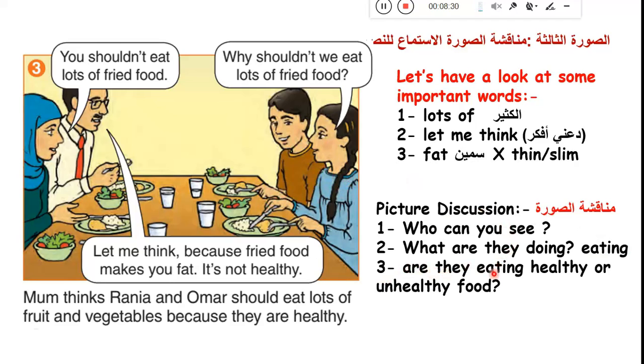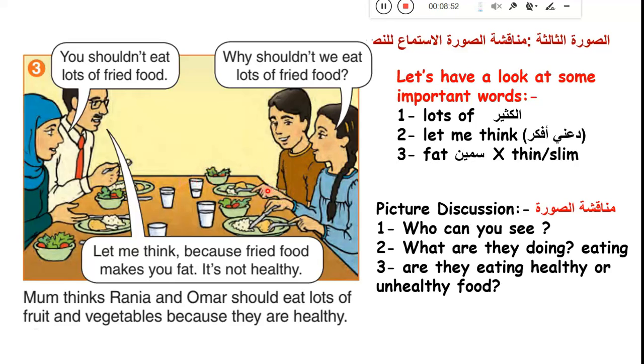Okay. Are they eating healthy or unhealthy food? An important question. Are they eating healthy or unhealthy food? What do you think? Look at the table. What do we have here? Are they having healthy or unhealthy food? They are eating healthy food.